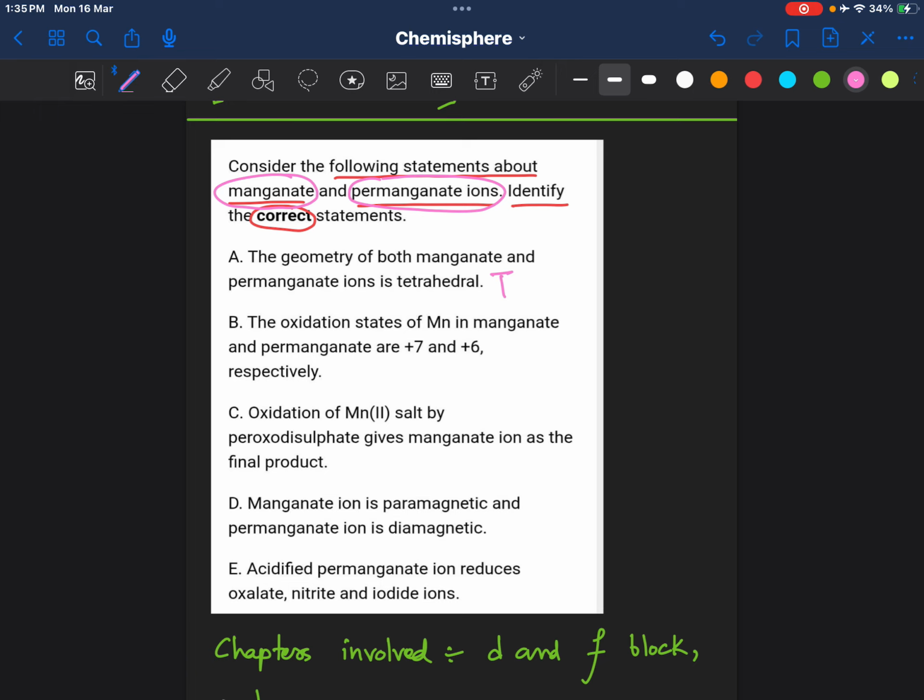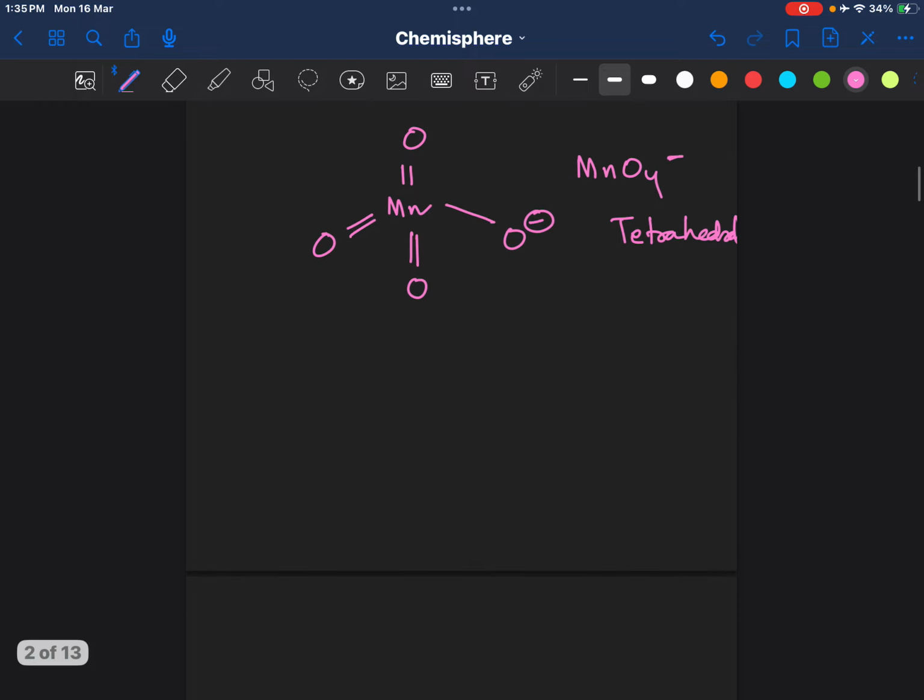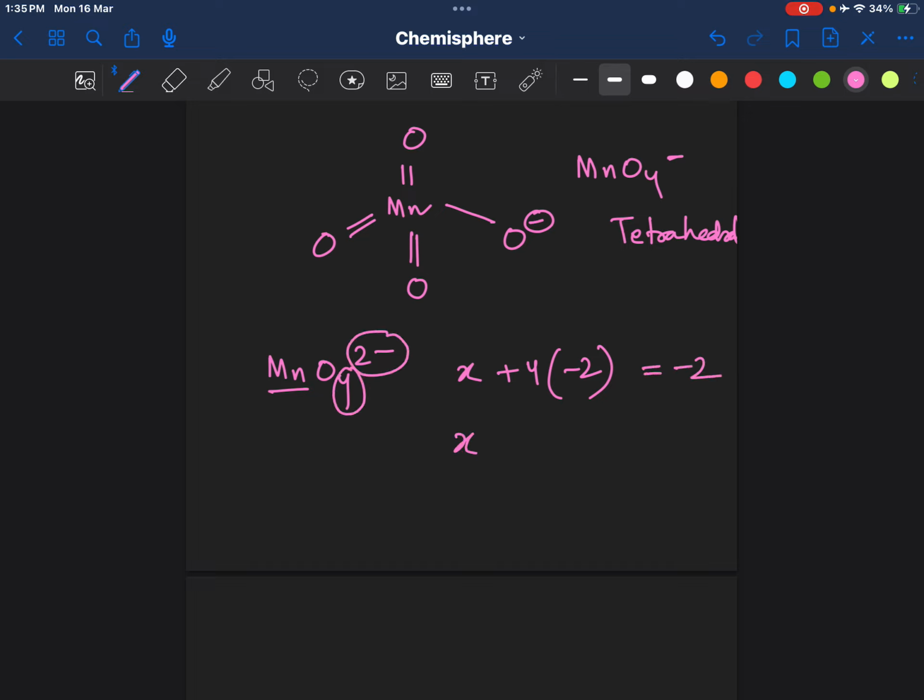The second one: the oxidation states of Mn in manganate and permanganate. Let's calculate for manganate, MnO4 2 minus. Assume Mn as X. Oxygen is -2, there are 4 atoms of oxygen and the total charge is -2, so X comes out to be -2 plus 8, that is +6.